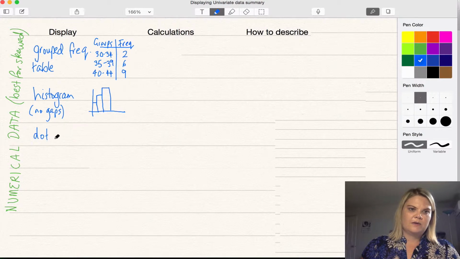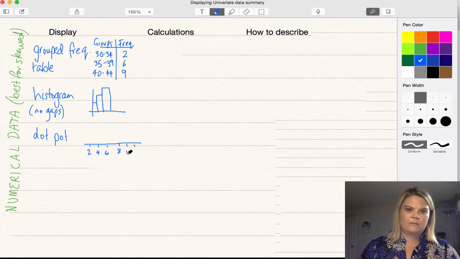And the last one I've got here is a dot plot, which is where we have a scale going along the bottom. And we put a dot for each data point.